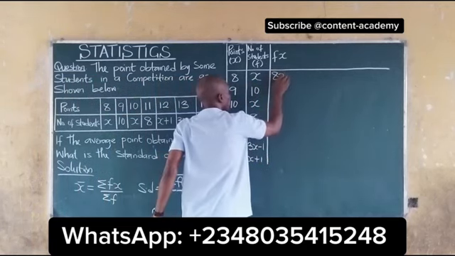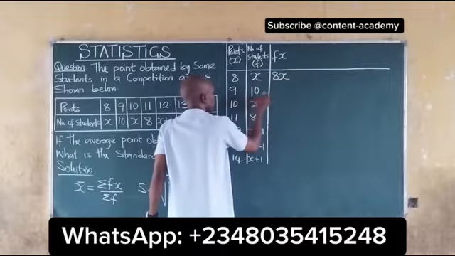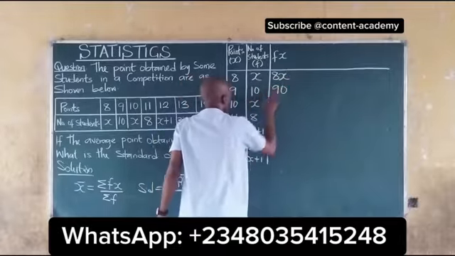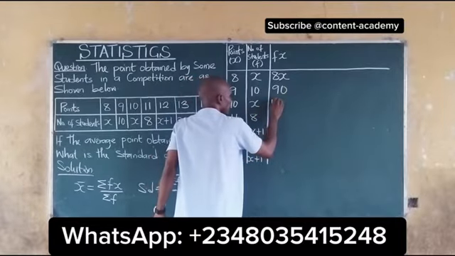So the first one will be 8x. Second one will be 9 times 10 is 90. The third one is 10 times x is 10x.